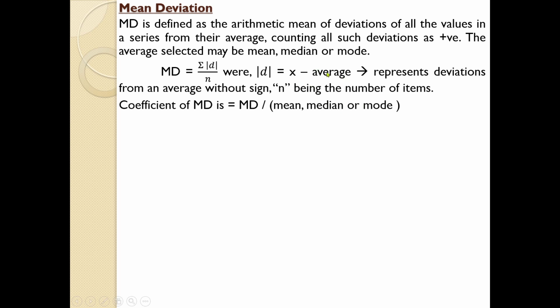If it is mean, then you have to use the equation mean deviation divided by mean. If you have used median, you have to use the equation mean deviation divided by median. If you have used mode, then it will be mean deviation divided by mode. Any of the three methods.